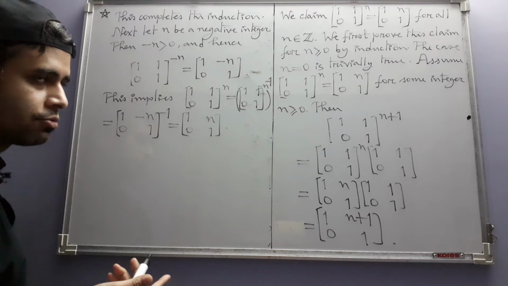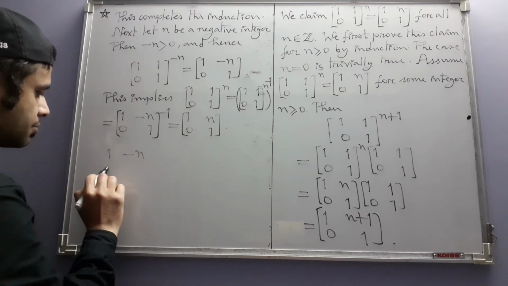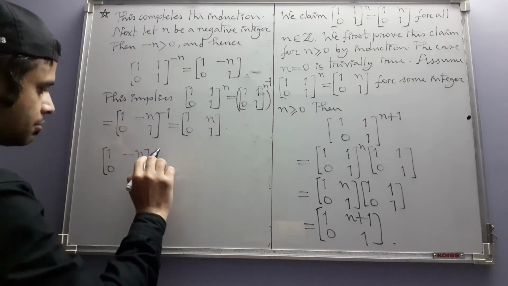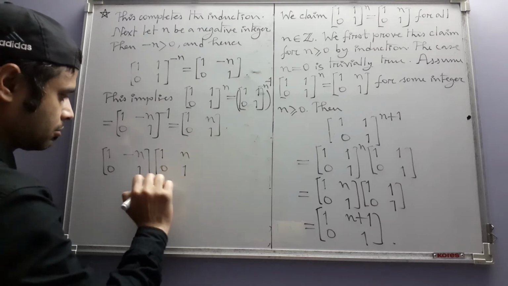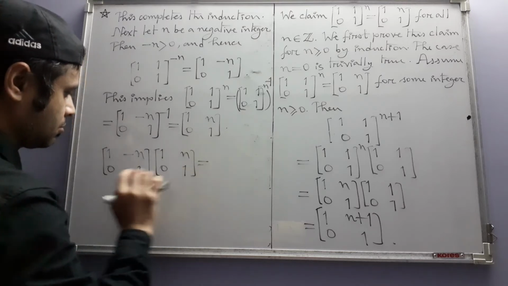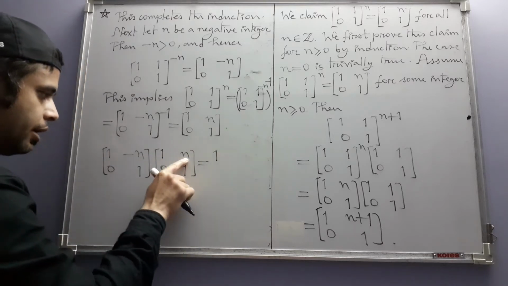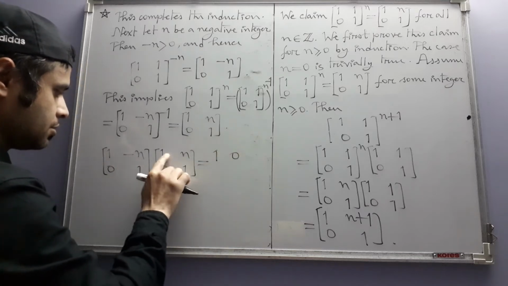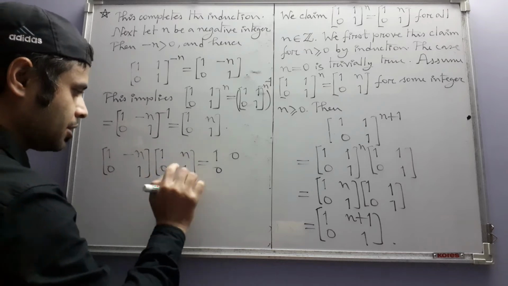If you are doubtful of this, then you multiply these two matrices. 1 plus 0, 1, n minus n, 0, 0 plus 0, 0, 0 plus 1, 1.